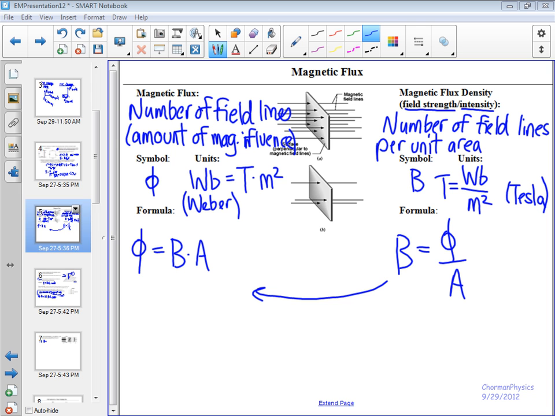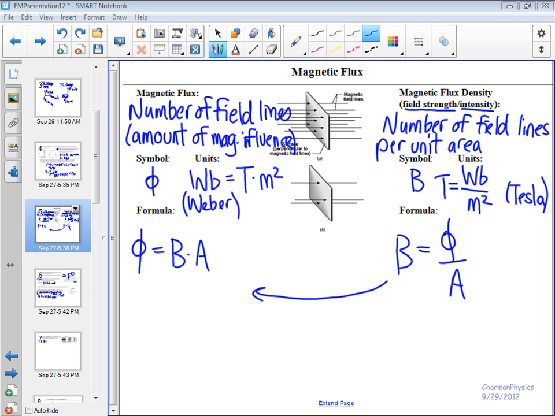Before we move on to Faraday's law, we need to define a few things that deal with magnetic flux. Our definition of magnetic flux, the way you want to think of it, is that first of all, it's a pretty abstract concept. Michael Faraday, the guy the law is named after, came up with this idea of a field to help describe the intensity of various influences, whether they were electrical or magnetic.